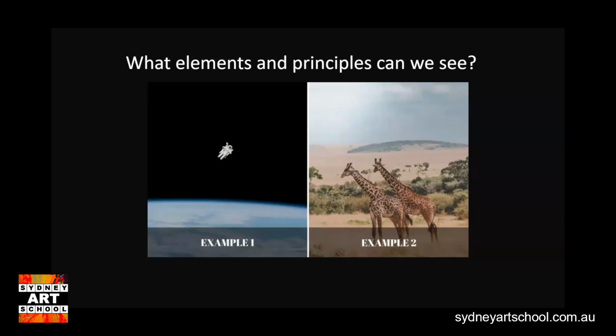I'll read them to you again. Line, shape, form, texture, pattern, color, space, composition, light, depth of field, vantage point, or perspective. Those are the elements, and then principles: unity or harmony, balance, emphasis, proportion, contrast, rhythm or repetition, and movement.